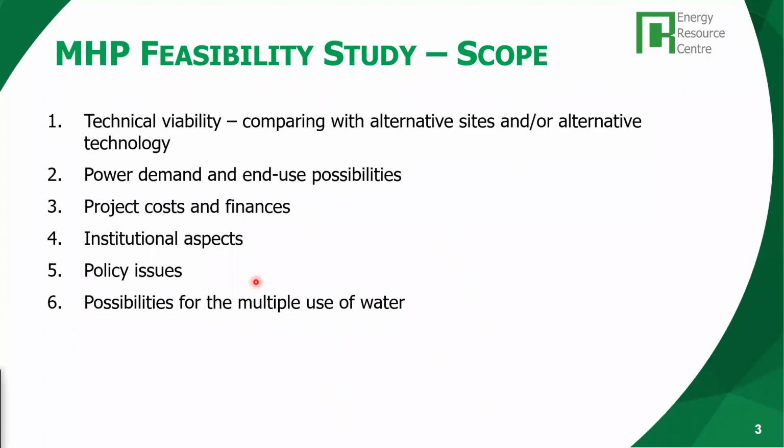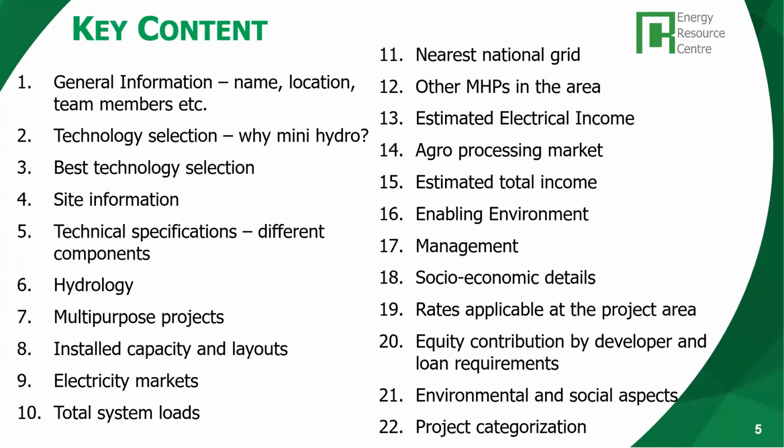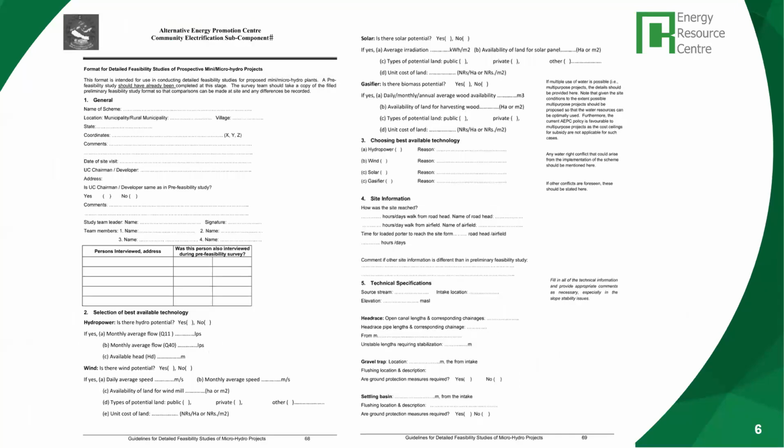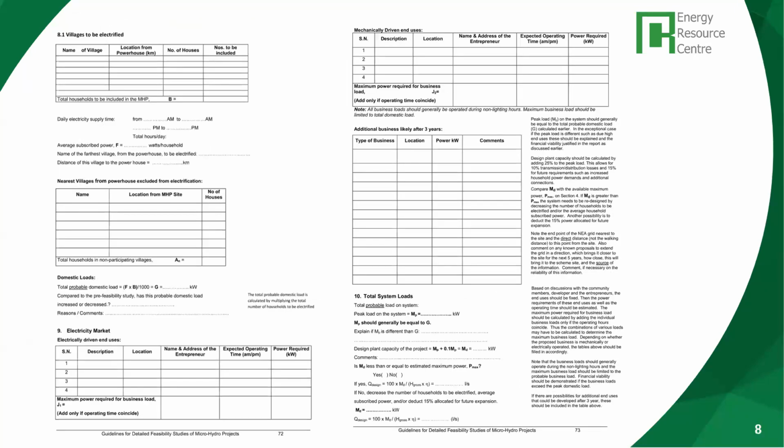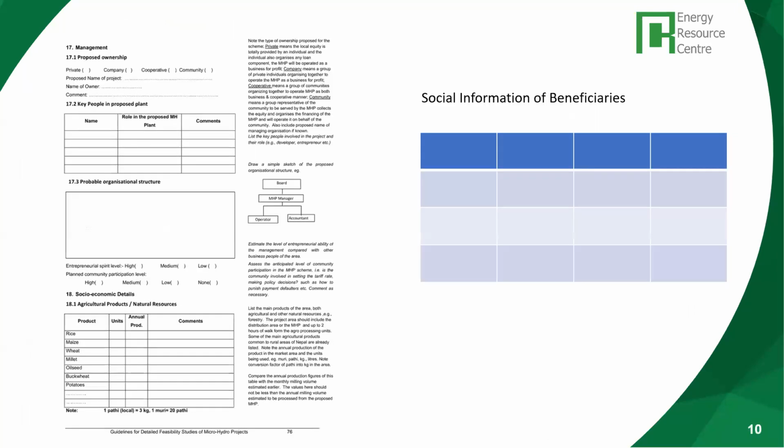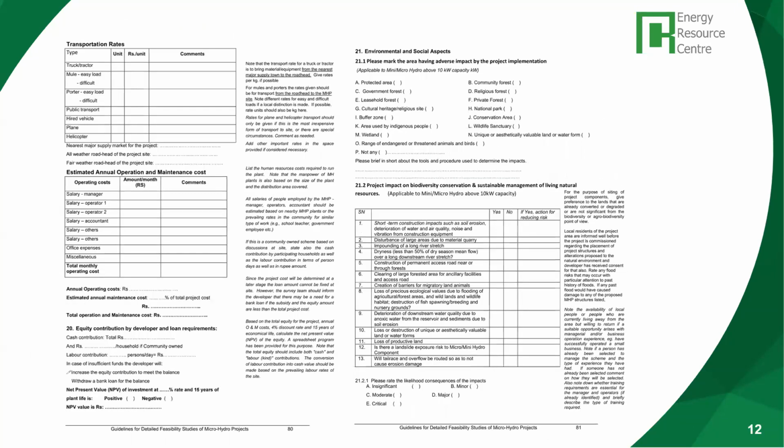Yeah, so basically, I will just continue from where I left off earlier. As I mentioned, I presented to you the key components of a detailed feasibility study of a mini hydro project. Now let me move on to the next part of my presentation.